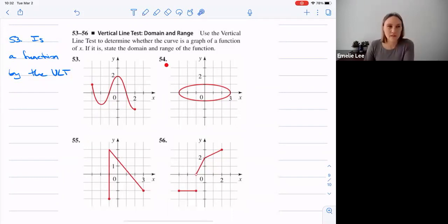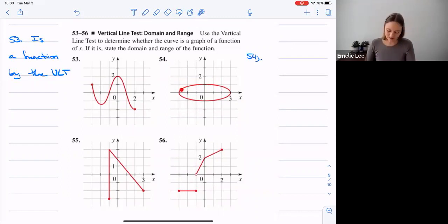Let's do 54, right? We already talked about circles, and this definitely goes for ellipses as well. So here, 54, I think it's an ellipse. Doesn't matter. Squished circle.